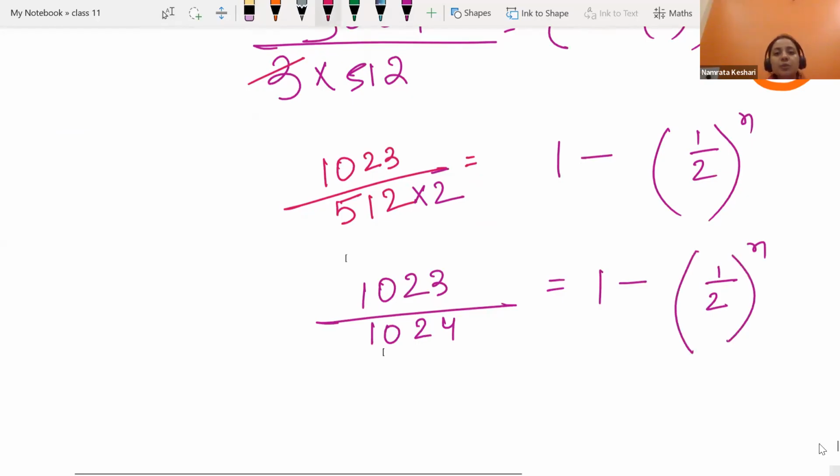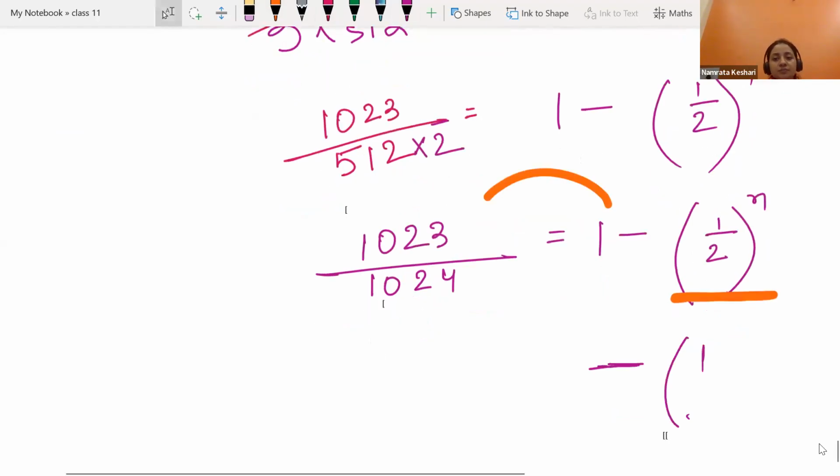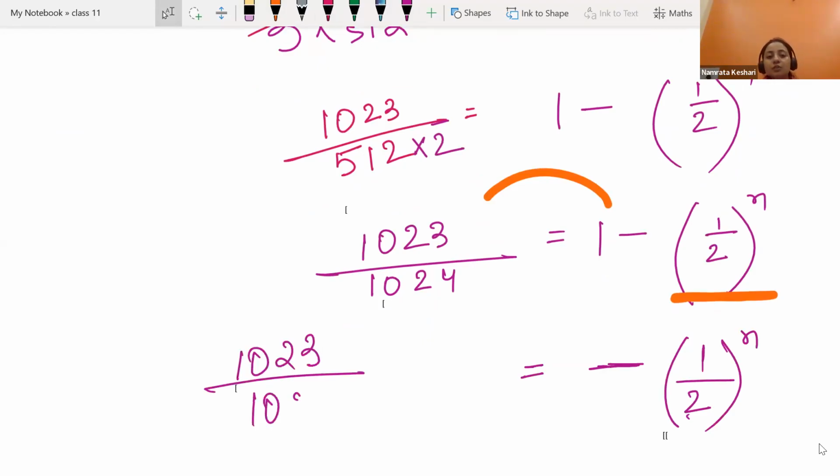This 1 by 2 to the power n, you can leave it over here, and you can take this 1 to this side. But while doing so, be careful that the minus sign is there. Are you getting me? Yes, ma'am. And you are just having 1023 by 1024 minus 1. Any doubts so far? No, ma'am.